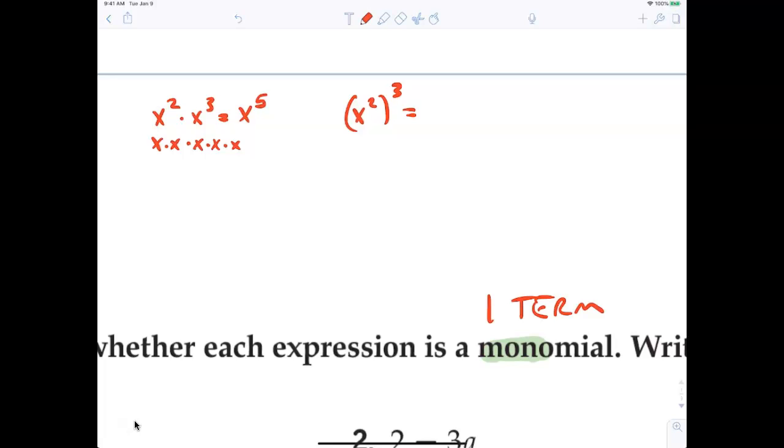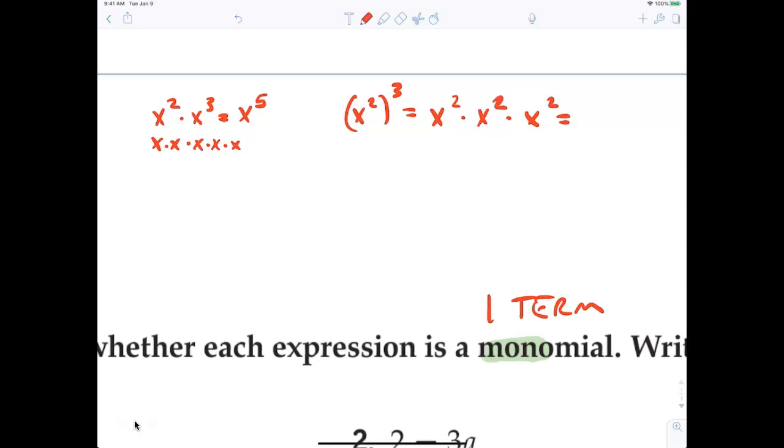X times x times x times x times x? 2x times 2x times 2x? X squared times x squared times x squared. Listen to what he said. That's brilliant. X squared cubed means x squared times x squared times x squared. Please write that and make sure you understand that.